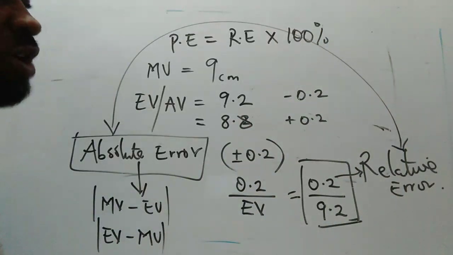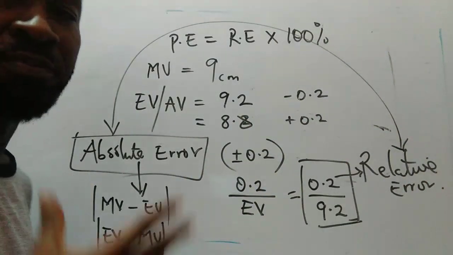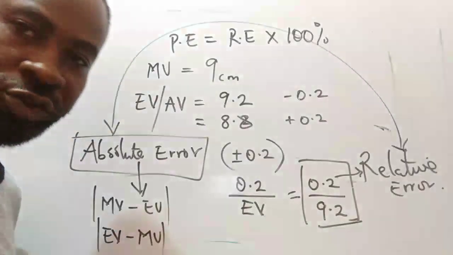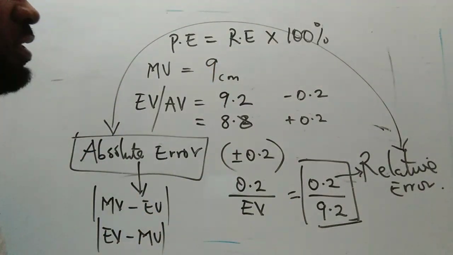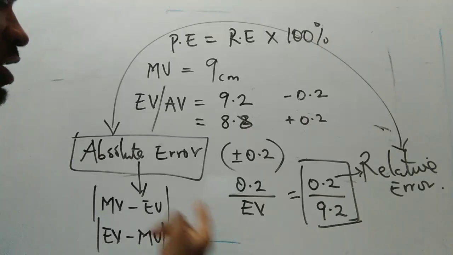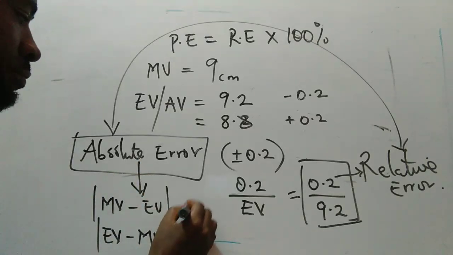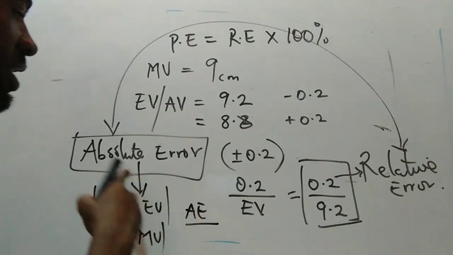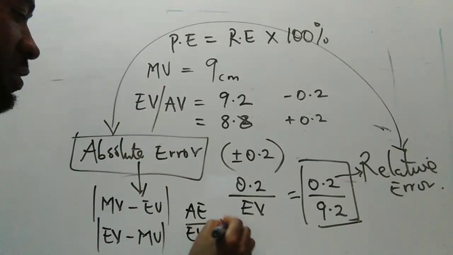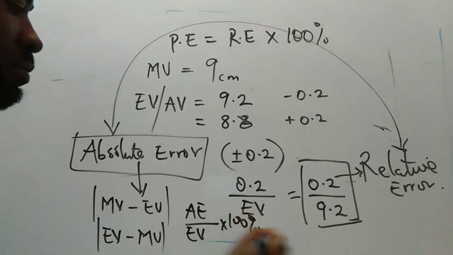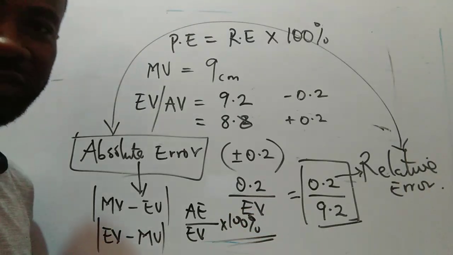So it is when you express relative error in percentage form that gives us what we call the percentage error. And that is to say it is absolute error divided by exact value times 100%. So that is what it is.